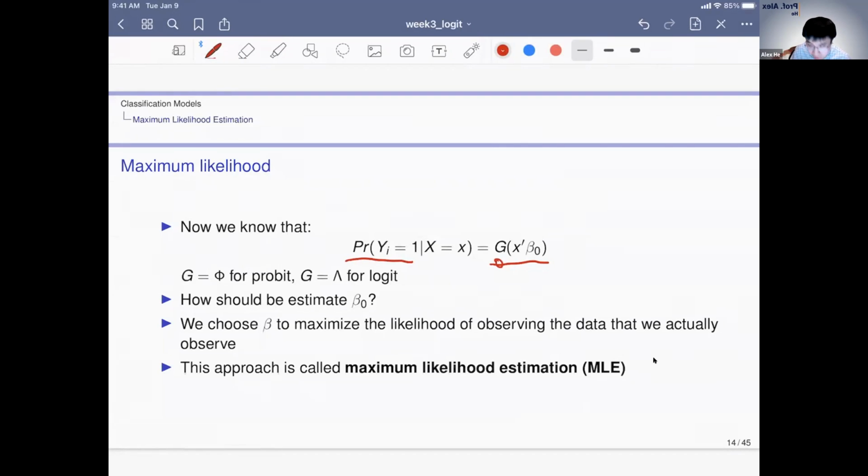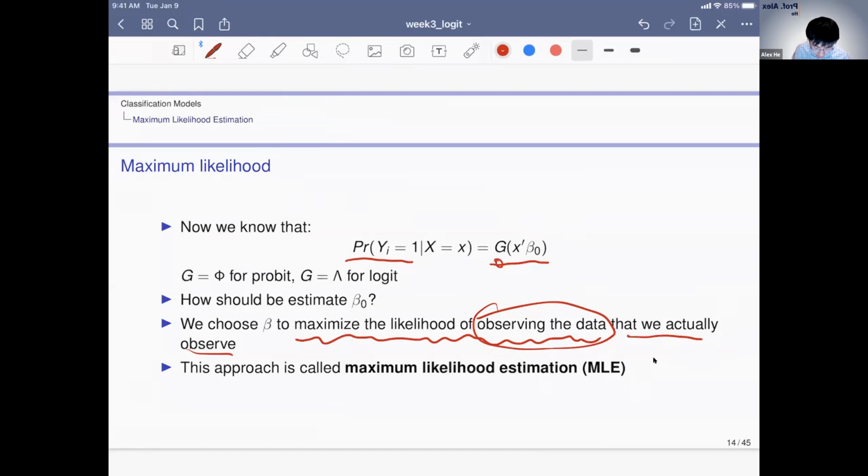So probit and logit are both special cases of g. And then the way we estimate beta is we choose the beta to maximize the likelihood of observing the data that we actually observe.